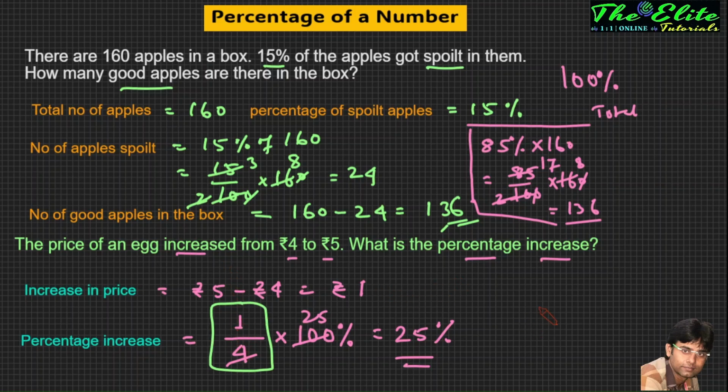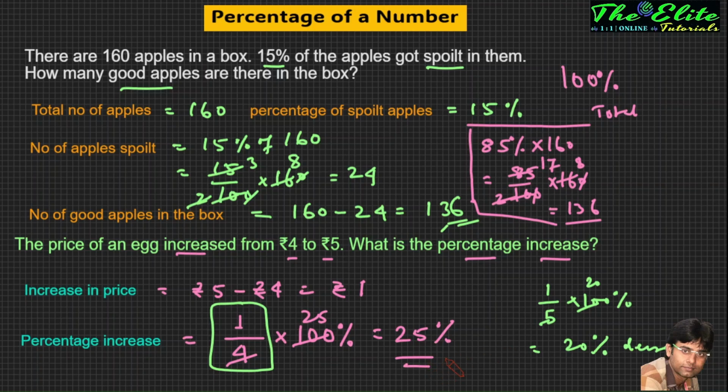From that question, if it is a decrease, from 5 to 4, the fraction will be 1 upon 5, and then you will multiply it by 100%, and there the answer will be 20%, okay, 20% decrease, if the question is like that.